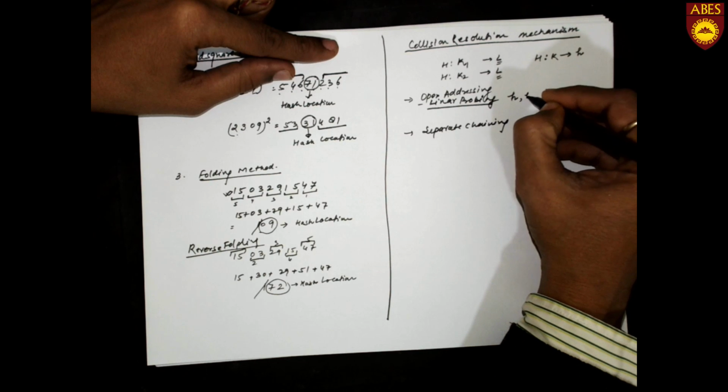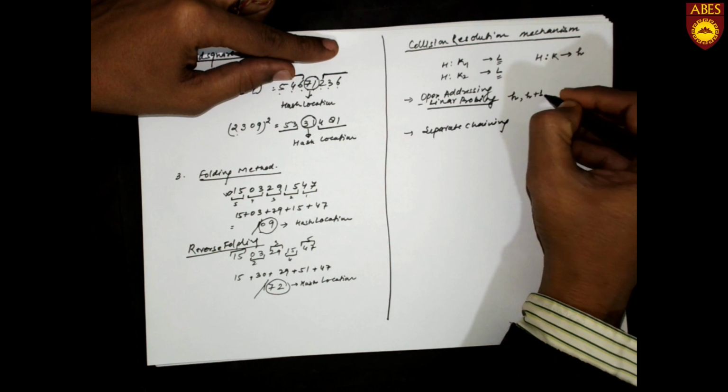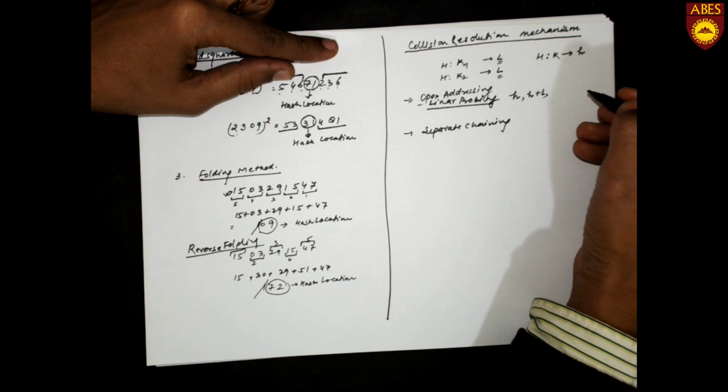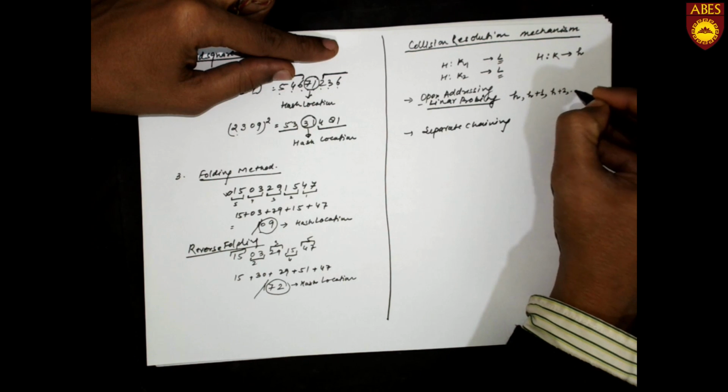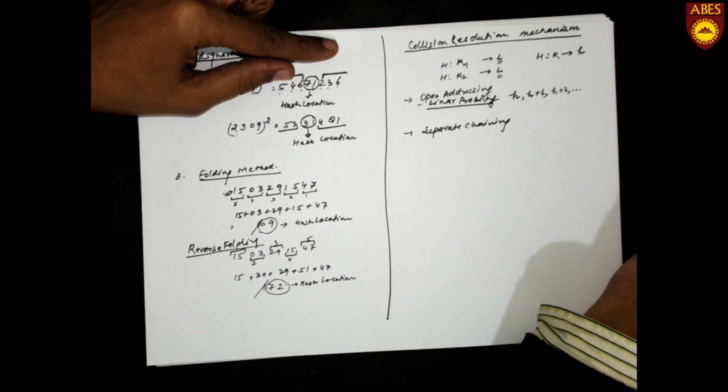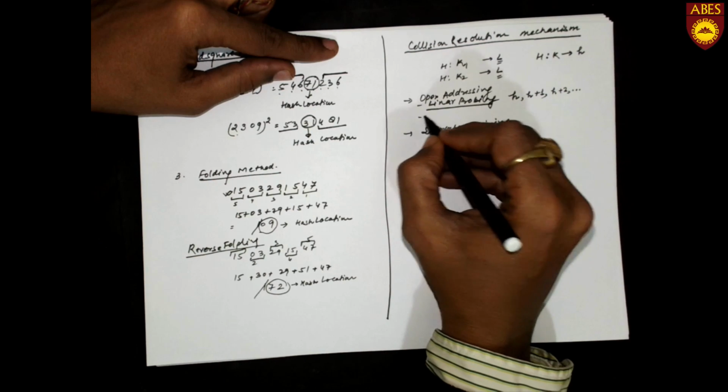So look for the hash location H plus 1. If this H plus 1 is also busy, look for the location H plus 2, and so on and so forth. So this is the linear probing method.